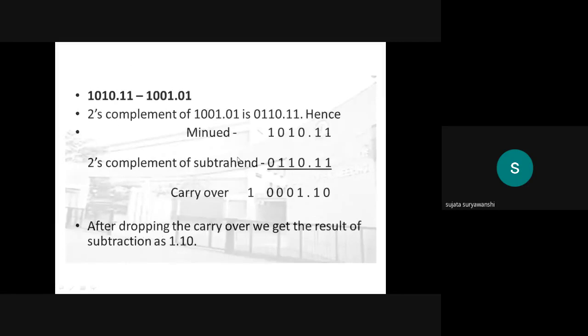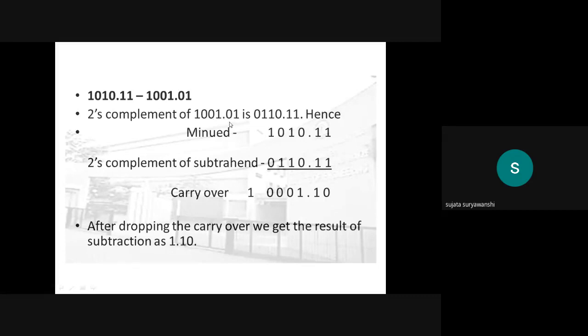Okay. Next, if your numbers are fractional, then how to find the result? Here, first number minus second number. Every time you have to find the 2's complement of the second number. Your numbers are in binary form. The 2's complement of the second number, 1001.01: start with the LSB, 1 as it is, and alter the remaining bits.